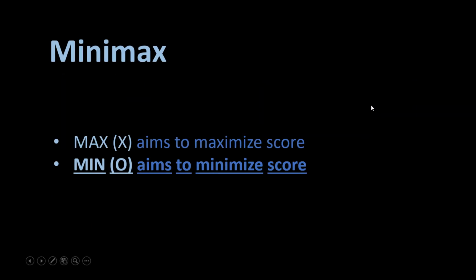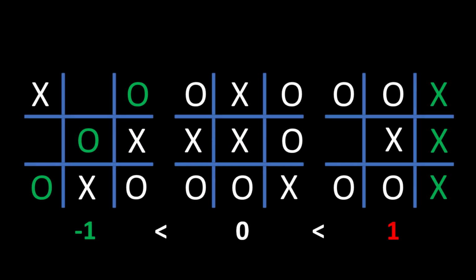Now, when we look at what the min part of this does, it will do the exact opposite. It will try to find a way to make either a tie, if the option is between losing or, in this case, the next winning, or tying.